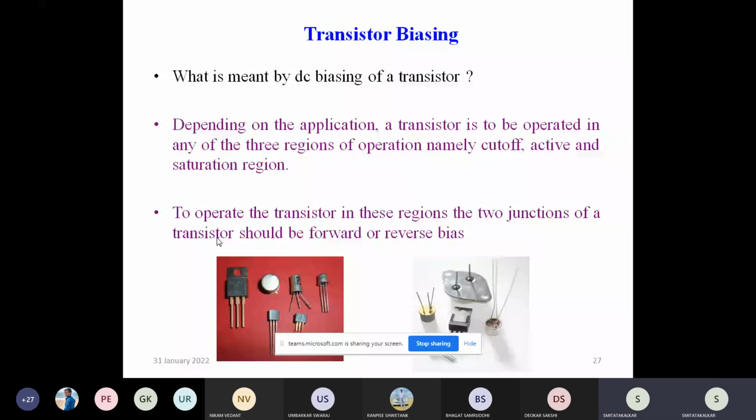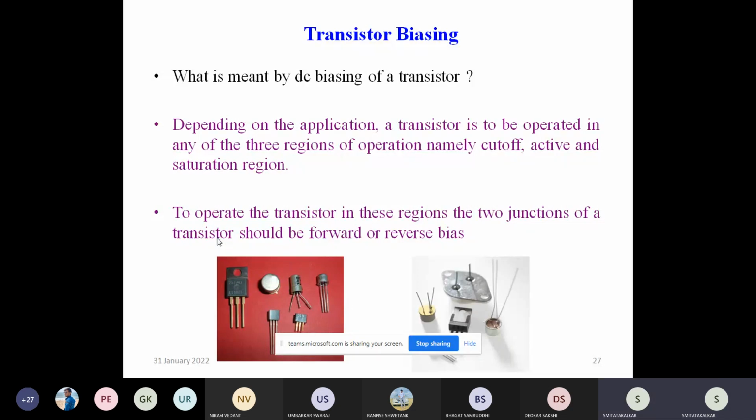DC biasing of a transistor depends on the application. Before starting transistor biasing, first recall the previous session.